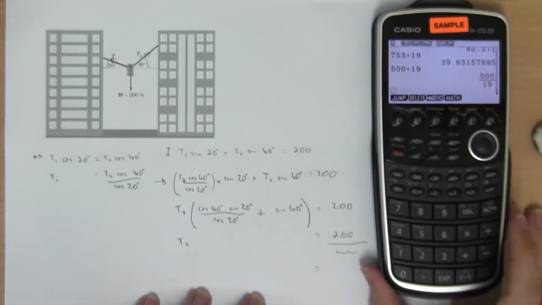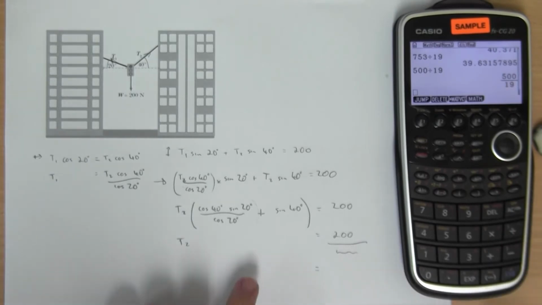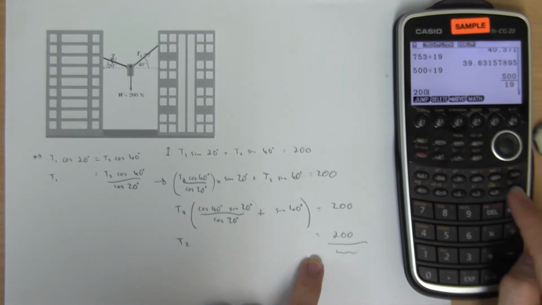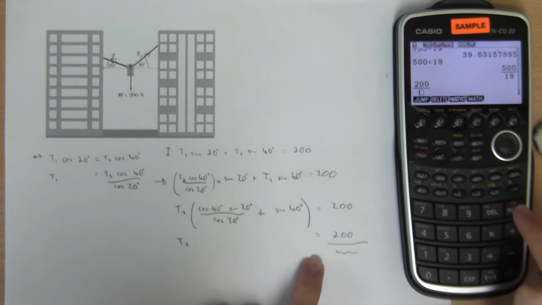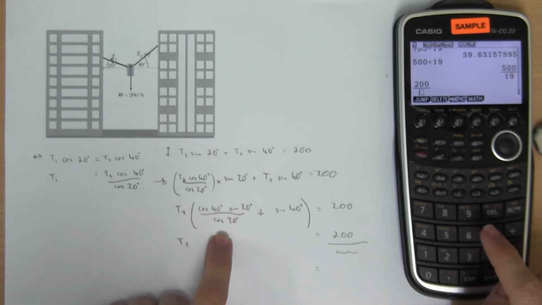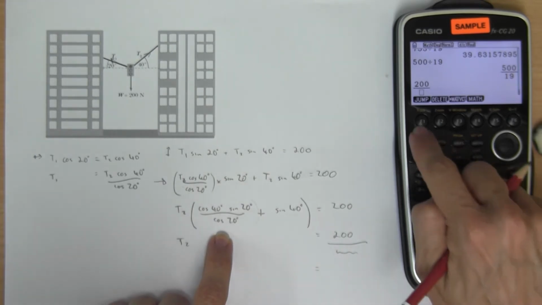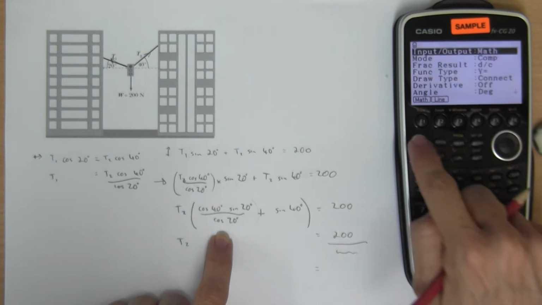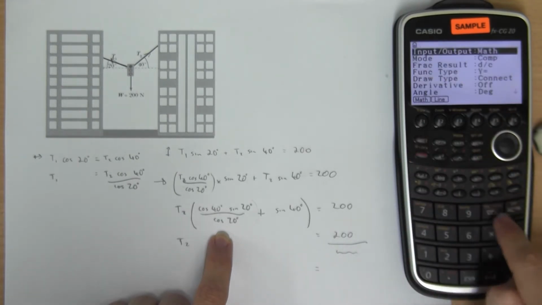T2 is, let's solve this, 200 divided by this. Am I in degrees? Let's make sure I'm still in degrees. Wrong calculator.